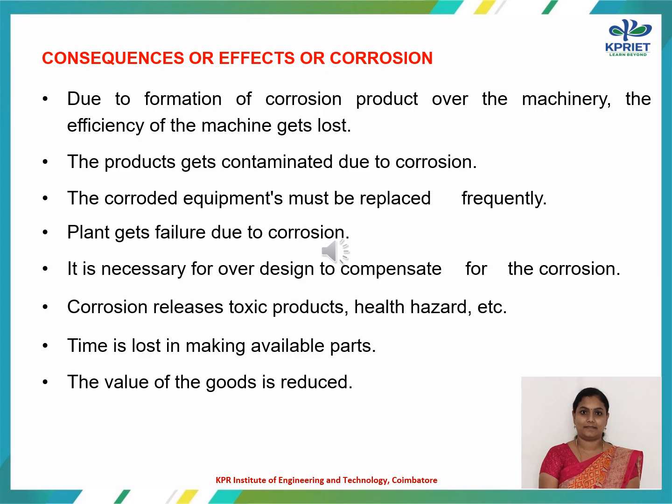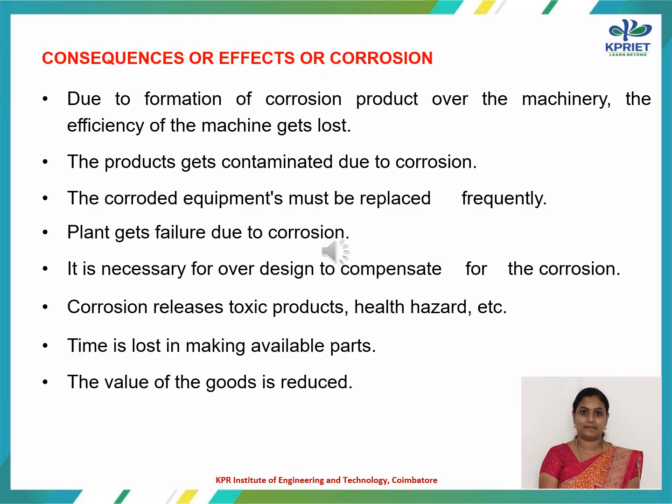Even though corrosion is a natural process, whenever a metal undergoes corrosion, it has some negative results. Due to the formation of corrosion products over machinery, the efficiency of the machine is lost. The products get contaminated due to corrosion. The corroded equipment must be replaced frequently, which leads to economic loss.